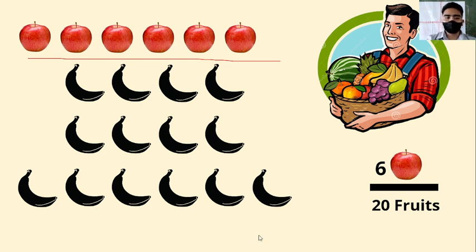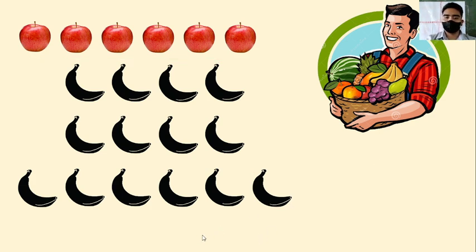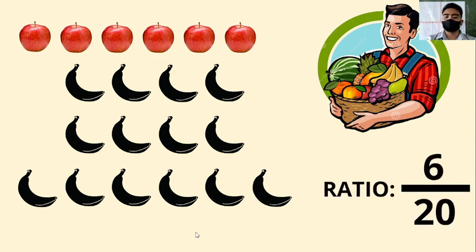So we could write that in ratio form. What's the ratio form? It is 6 over 20. Are we clear? Alright, let's go.